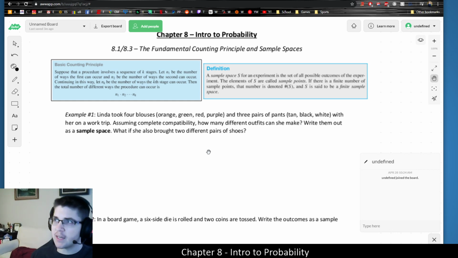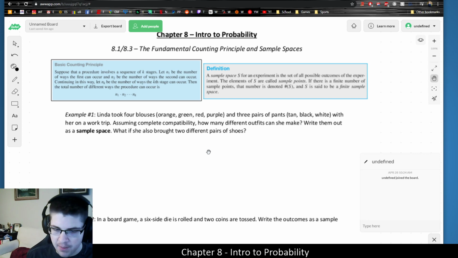We could figure out all the combinations, and actually, the term combination is specific in math. We're going to talk about what the difference between a combination and a permutation is, and how we know which formula to use in a little bit, because that's very easy to mix up. But we could just write out all of the outfits.